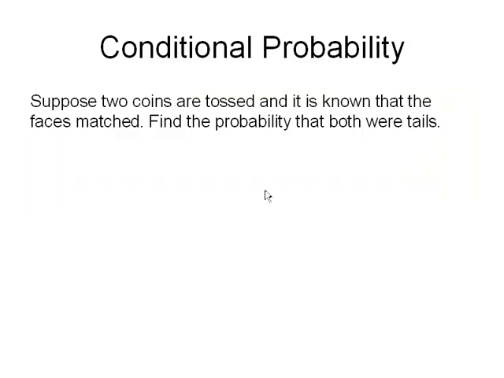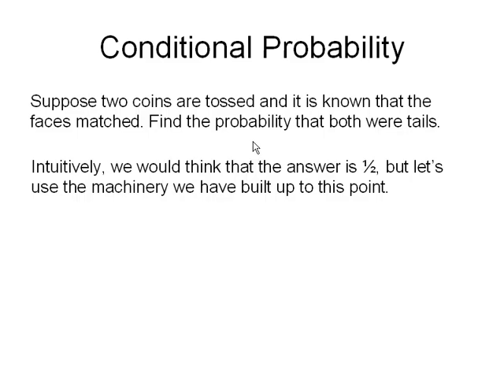Suppose two coins are tossed and it is known that the faces match. Find the probability that both were tails. Intuitively, you would think the answer is 1/2, because if the faces match, that's 2 possibilities, and both tails is 1, so 1 out of 2.